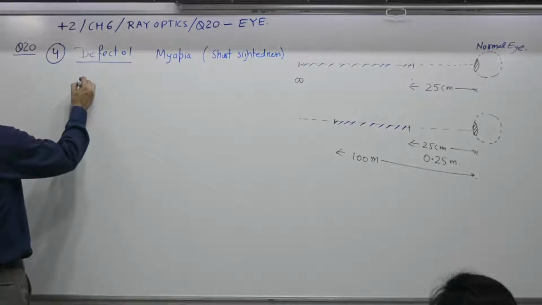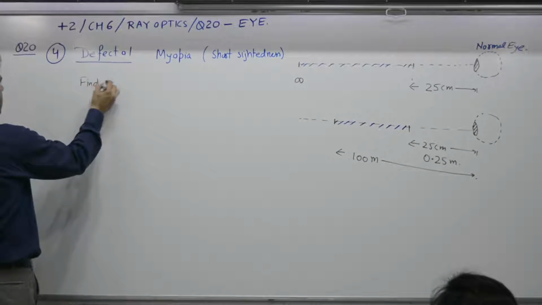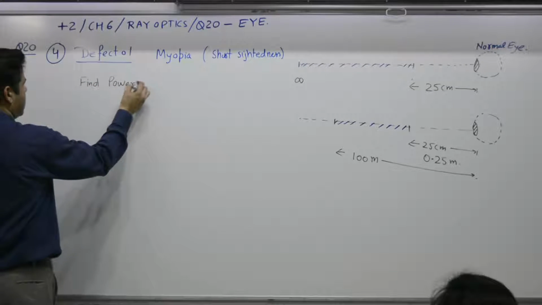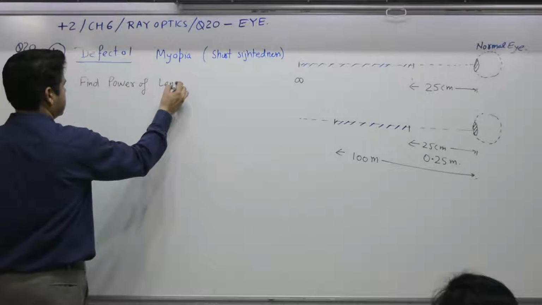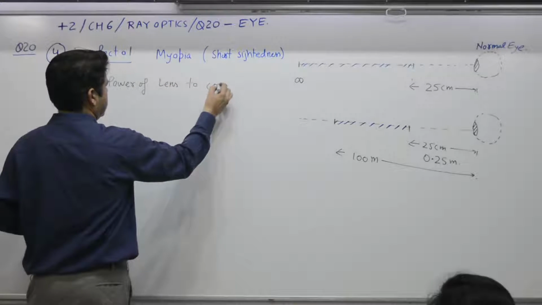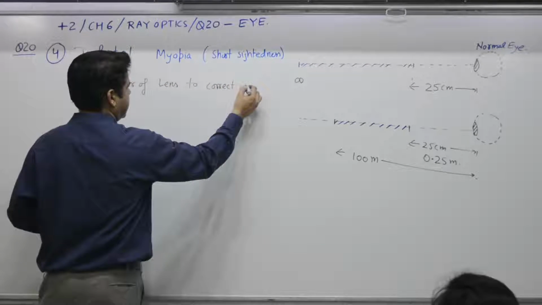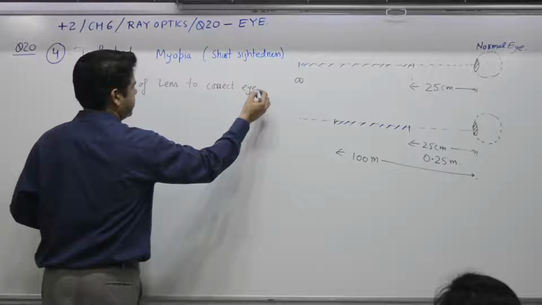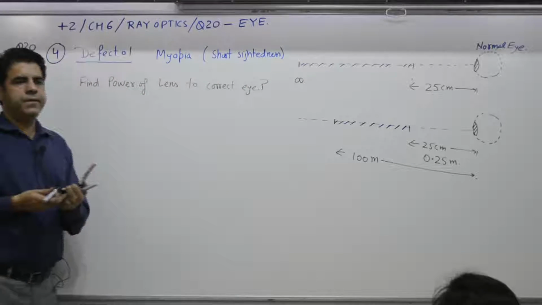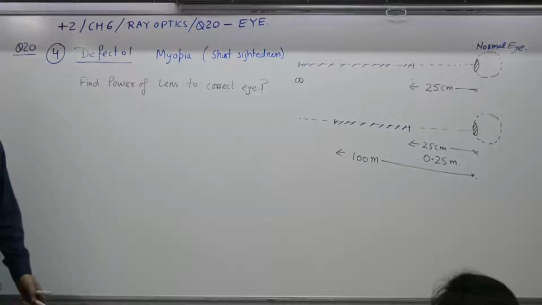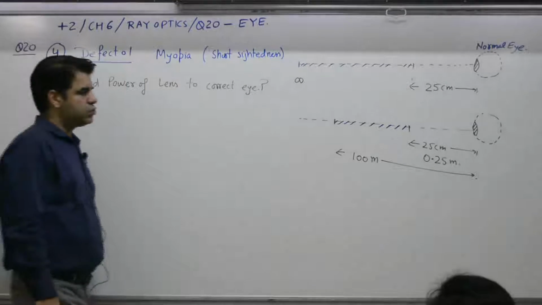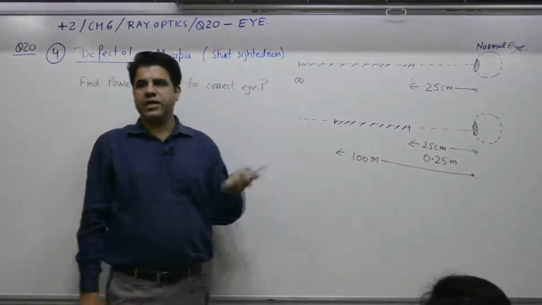You have to find the power of the lens to correct eyesight. One minute with you to first write this and then try.